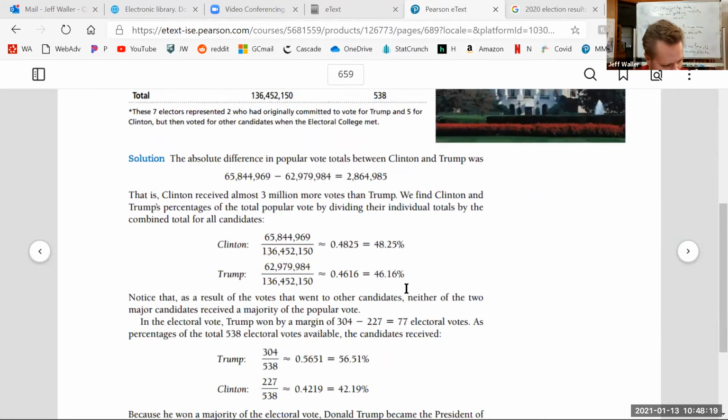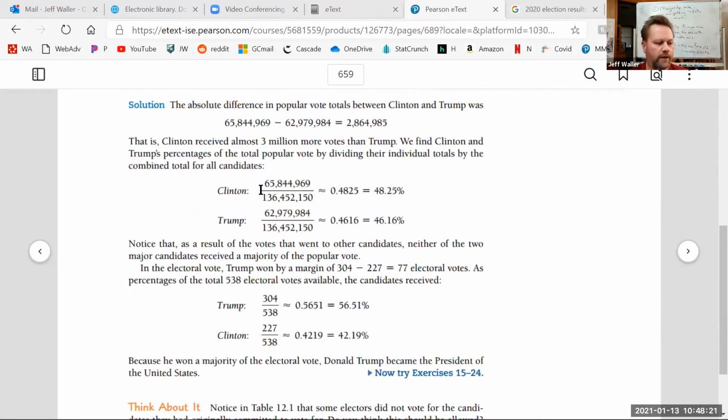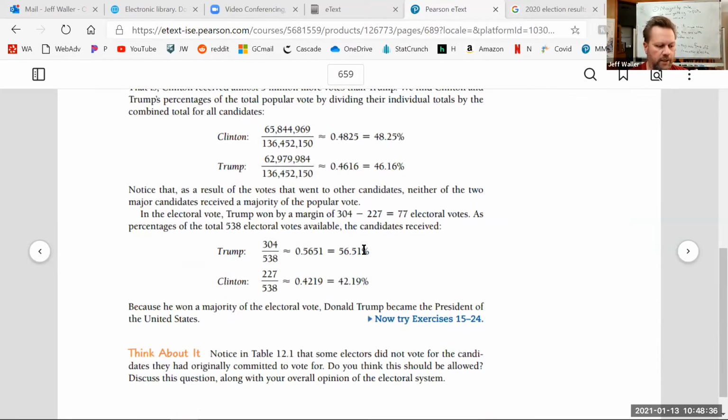Okay. All right. So look here. This is the percentage of the popular vote that each candidate got, right? So Clinton got 48.25, Trump got 46.16. This is the percentage of all the votes in the whole country. And of course, here's the percentage in the Electoral College of the votes they ended up with.